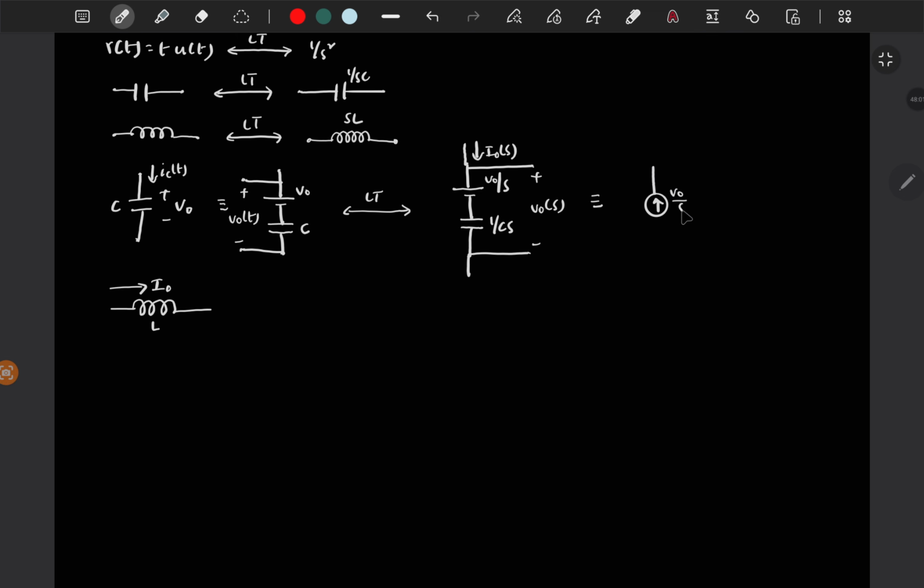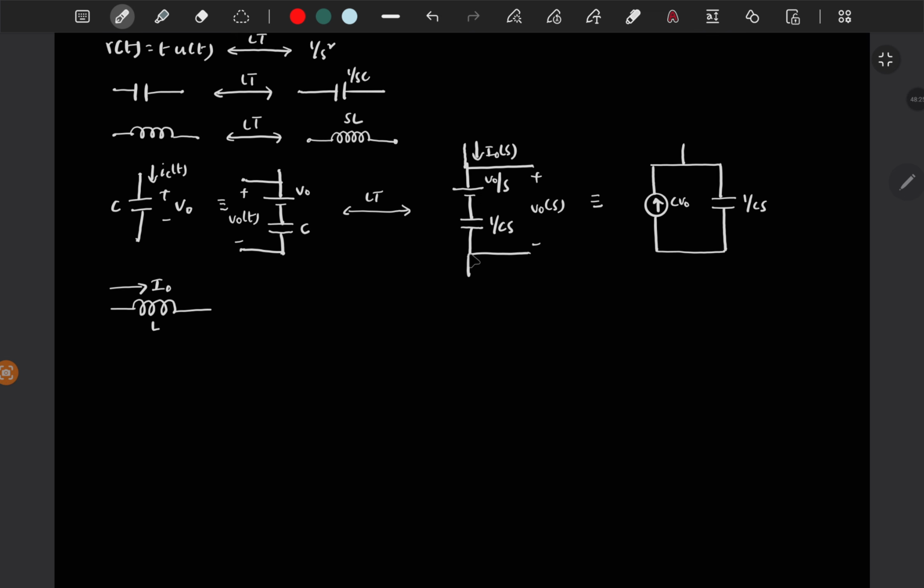So this is nothing but V naught by S by 1 by Cs. So you will get C into V naught. So this is CV naught in parallel with the same impedance. So this is 1 by Cs.